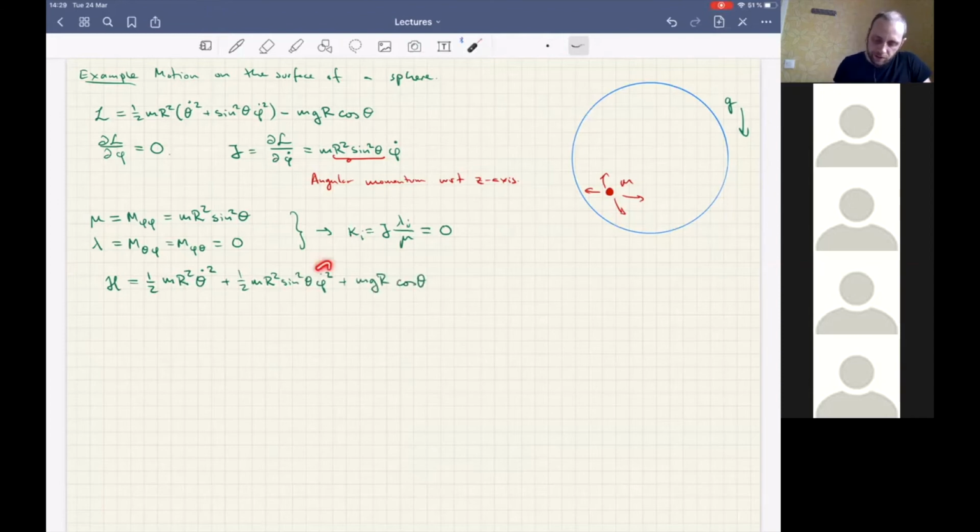Now this phi dot I can replace by solving for phi dot in the constant of motion up here, the angular momentum.